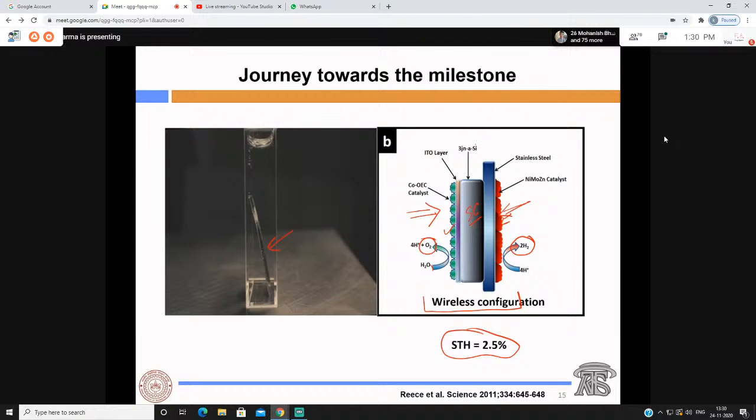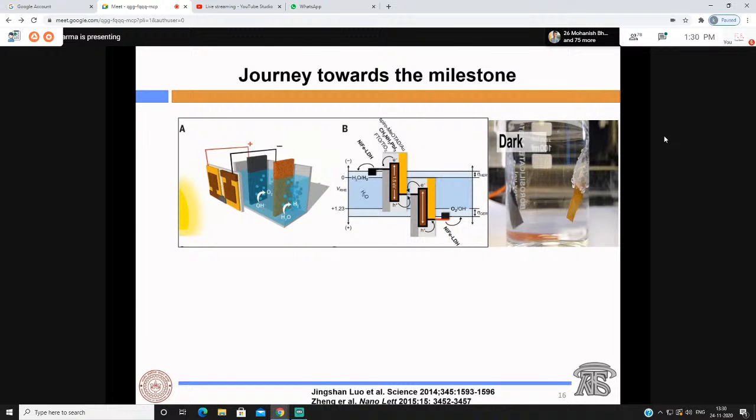Instead of utilizing the silicon solar cell, people have utilized the perovskite solar cell. Perovskite solar cell is a very important solar cell with respect to contemporary research. And what they did, they took a perovskite solar cell where the efficiencies are very high, and electronically contacted it to the electrodes for hydrogen evolution reaction and oxygen evolution reaction, and that's how the system is practically achieved.